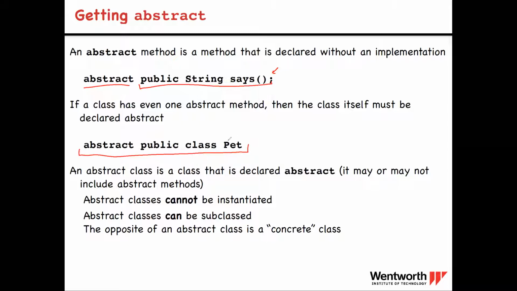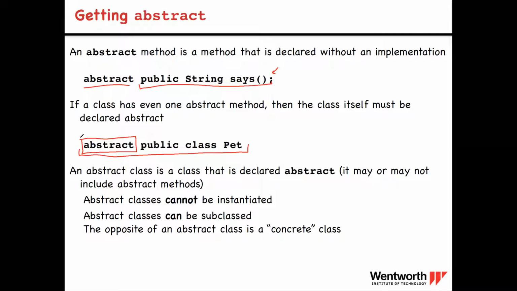You still have all of your stuff in that class, but that abstract keyword in front of the class has some profound implications. An abstract class is a class that is declared as abstract. It doesn't have to have abstract methods, but if it does have abstract methods, the class must be abstract. Those are just the caveats to go with it.